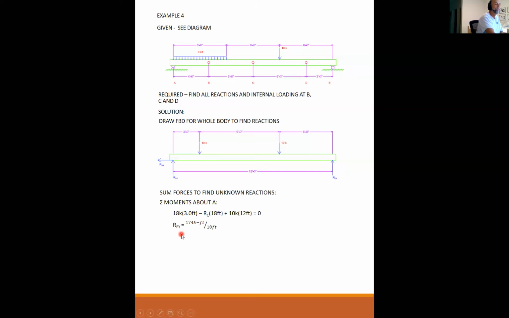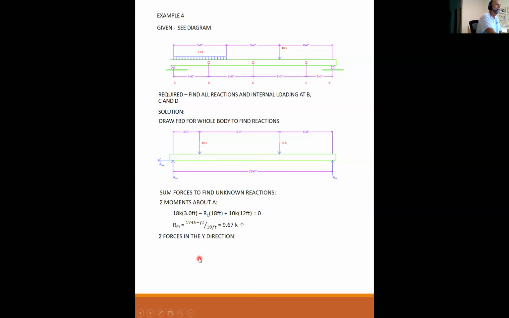And I solve for my reaction. Why did that say C? There's another typo. Sorry guys, but I'm going to write these down so that they don't just keep propagating. And my reaction at E is 9.67 kips up.